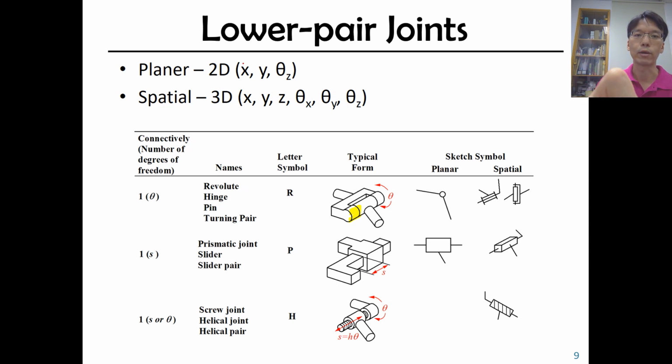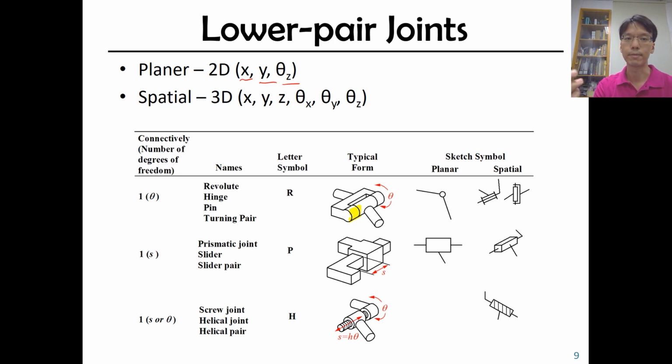So three variables here: x, y, and theta z, because it's rotating about the z-axis. Z is into the surface. So x direction, y direction, and the rotation. That's the motion a planar mechanism can do.